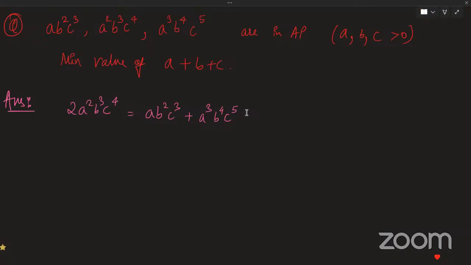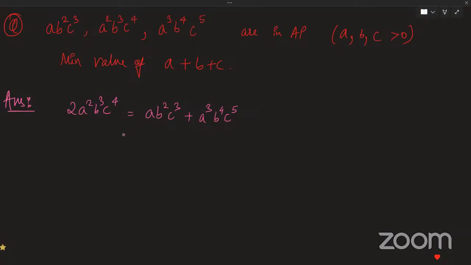Anyone? I have A, B, and C in all of these terms. So what will be my next step? Splitting? You mean cutting, right? A, B common, C common. Yes, that is what you will do.